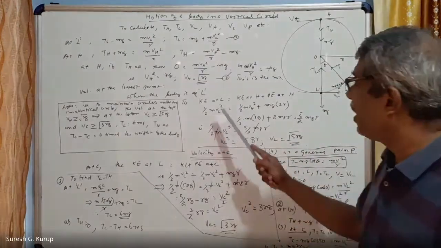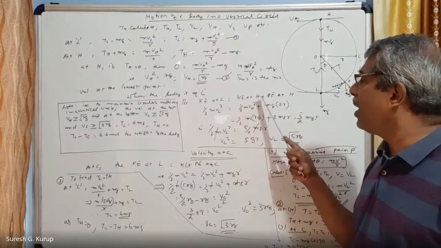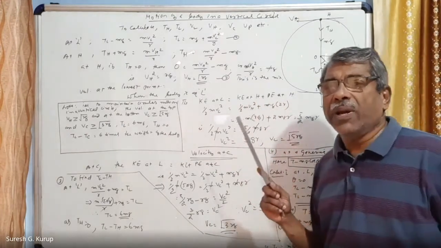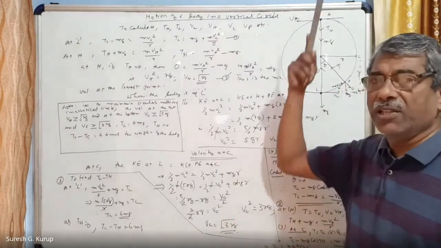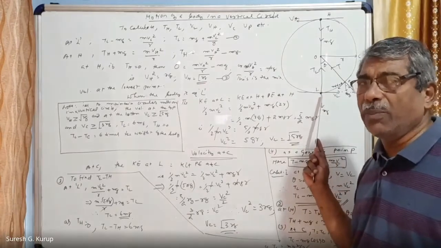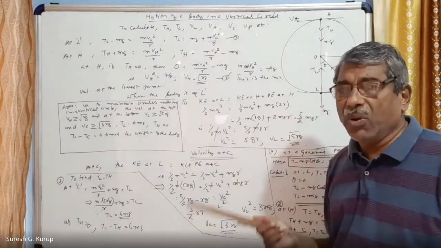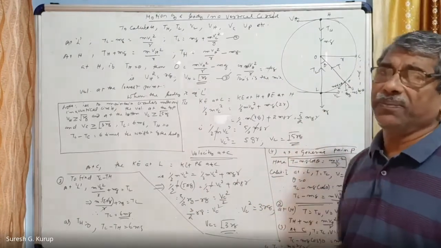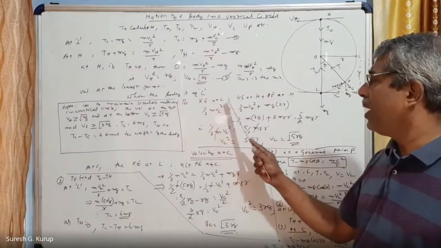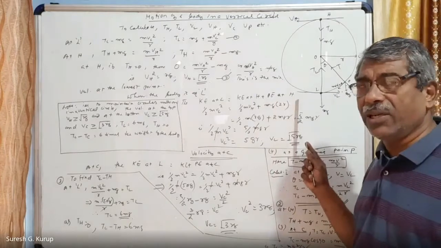So kinetic energy at L is equal to kinetic energy at H plus potential energy at H. Energy can neither be created nor destroyed. The total energy at H is equal to the total energy at L. So remember, the total energy at L is only kinetic energy because L is very near to the ground. No height is mentioned here. I think you understand it.